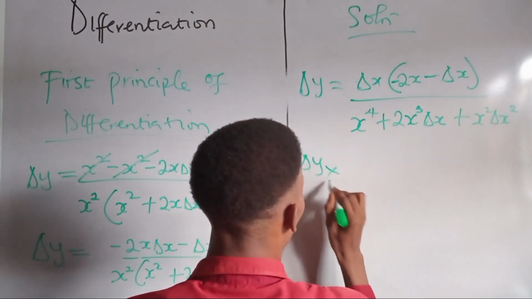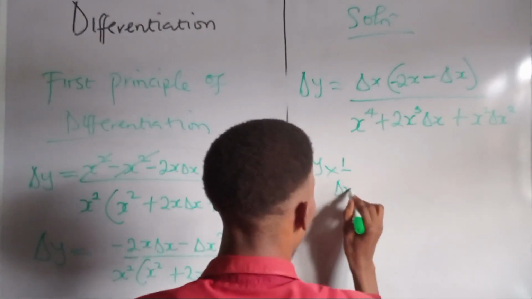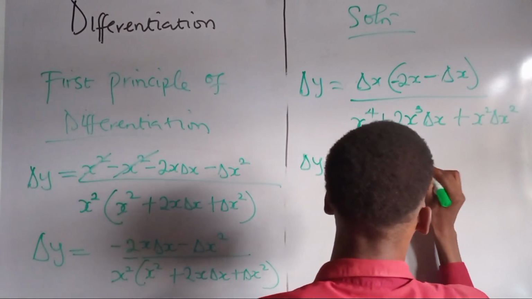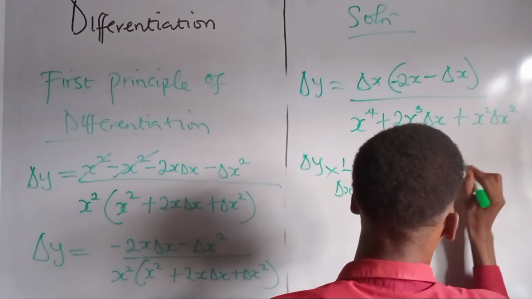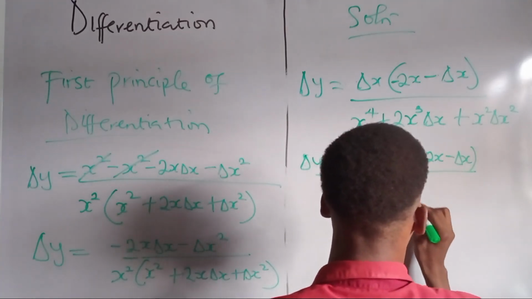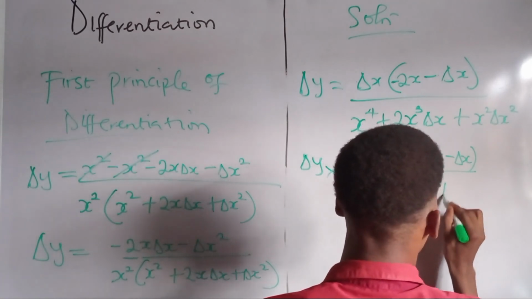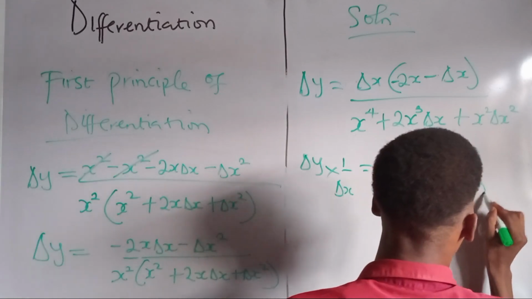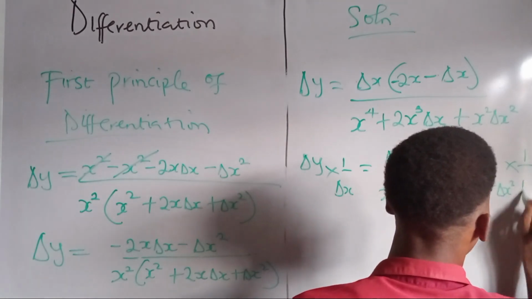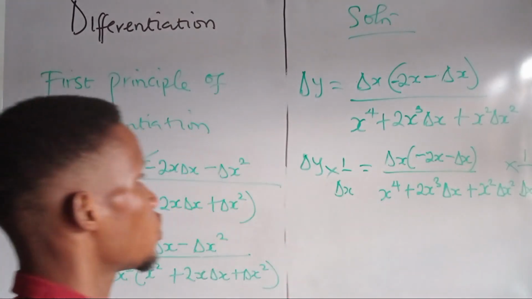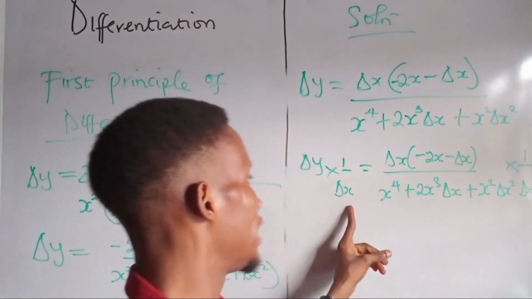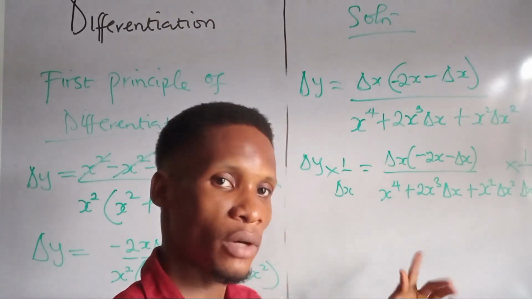So multiply by 1 over change in x is equal to change in x bracket minus 2x minus change in s all over s raised power 4 plus 2s raised power 3 change in x plus s squared change in s squared, multiplied by 1 over change in x. So why do we do that? We want to get change in y over change in x, which is the differential form that we're looking for.